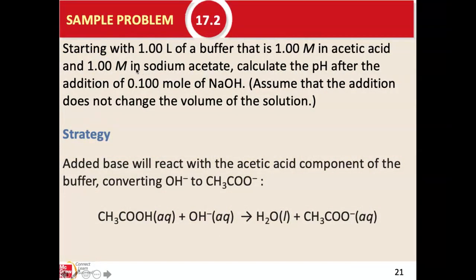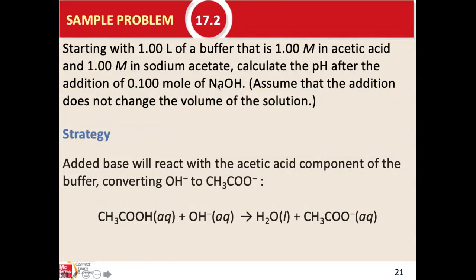They're telling us that, let's say we have 1 liter of a buffer, and that buffer has 1 molar of acetic acid and 1 molar of sodium acetate, and they want us to calculate the pH after the addition of 0.1 mole of NaOH, a strong base.